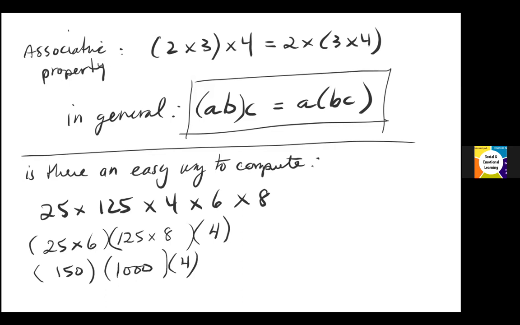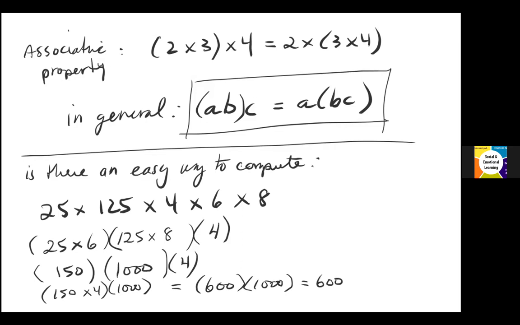So we could say 4 times 150 might be easier. That'd be 600. So if we said 150 times 4 times 1,000, then that's going to equal 600 times 1,000.